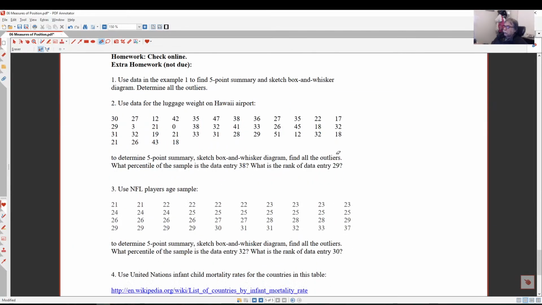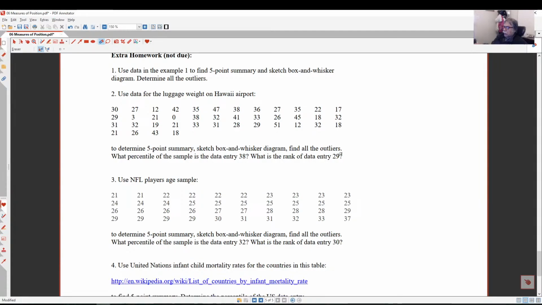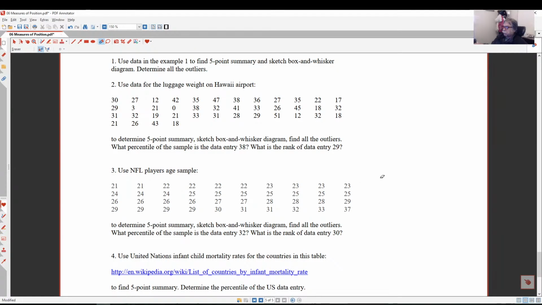Okay, beyond the regular homework, I have 3 or 4 more extra credit problems for you in case you were not challenged with the homework. You can do a little more work here. The number 4 is kind of interesting.